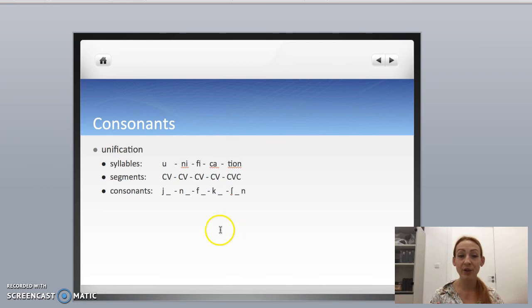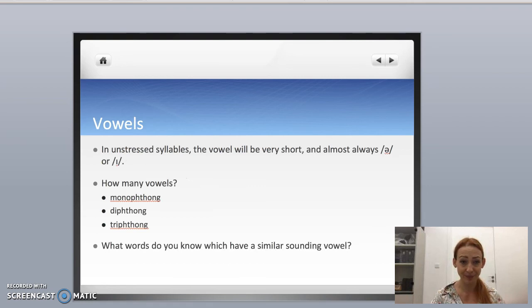Okay, so we figured out all of the consonants of the word, and now the last step we need to take is to find out what the vowels are. The first thing to remember is that if you have a long word like unification, some of the syllables are going to be very, very short.